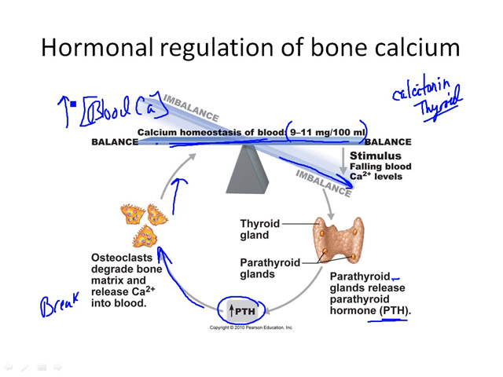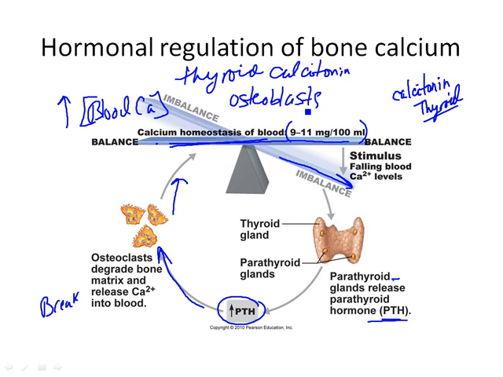With a high amount of calcium, your body wants to take advantage of that and get some of that calcium back into your bones. And so what happens is your thyroid will release calcitonin. And calcitonin will cause the osteoblasts to build that bone, or take that calcium from the blood and put it back into the bone and bring your calcium levels back down.